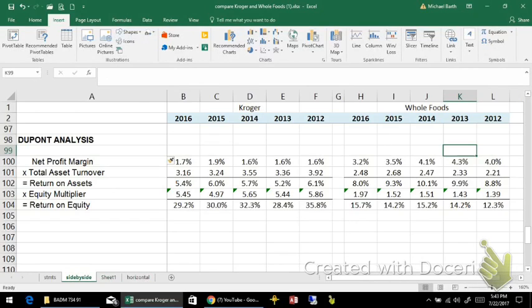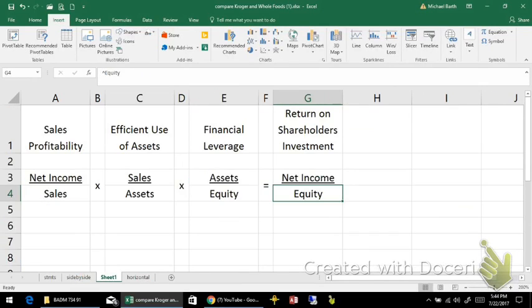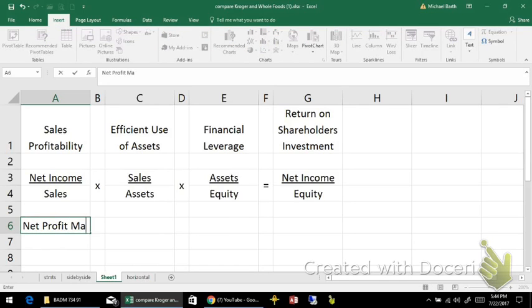And what we can see here is if we look at Kroger, they are less profitable based on net profit margin. That's the first component over here. The sales profitability is the net profit margin, and that's the ratio we use to measure sales profitability.